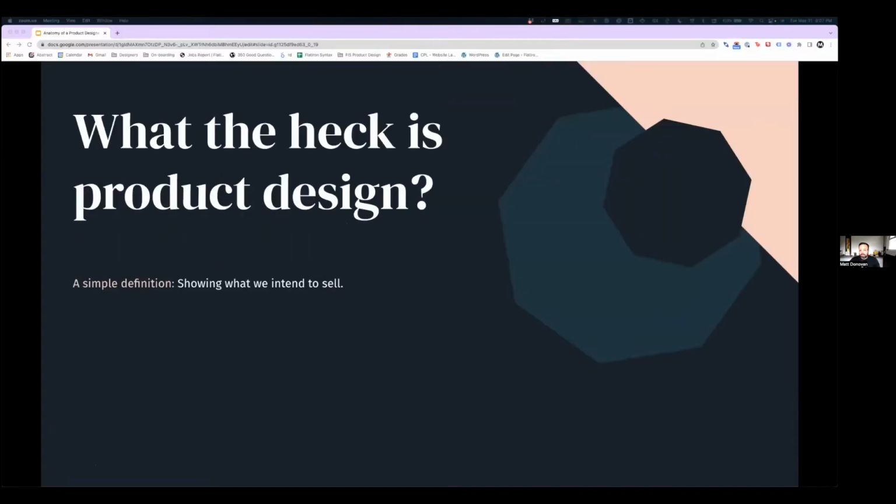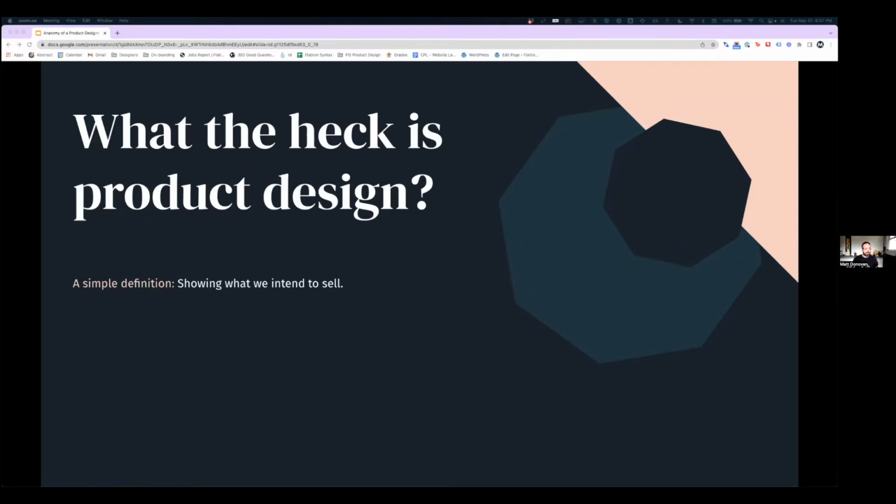Before I get into the anatomy of a product designer, I think it's worth pausing and talking about what it even is. What the heck is product design? For the sake of this presentation, I'm going to work with a really simple definition: if a product is essentially something that we sell, then product design is really just trying to render or show what we intend to sell in different layers of abstraction at different points in the customer journey.